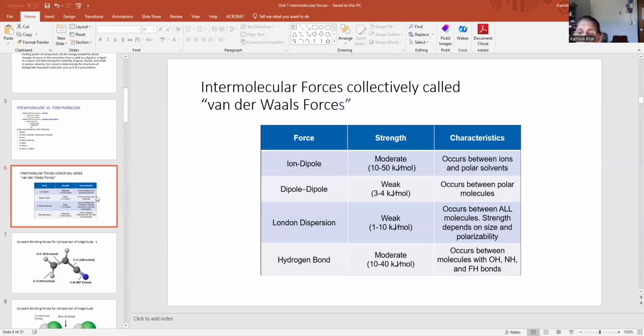Strength will depend upon the size and polarizability of the molecule. And lastly, the hydrogen bond, which is moderate, ranging between 10 and 40 kilojoules per mole, occurs between molecules which contain OH, NH, and FH bonds.